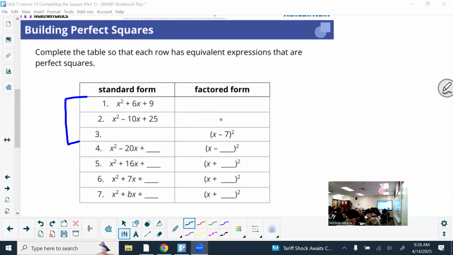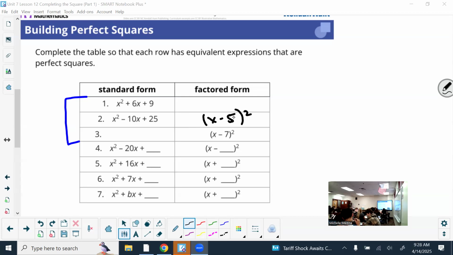Table 9, what about for the next one? What's the correct factored form? Okay, good. I'm going to write it in the condensed format and you'll see why that's helpful in the problems that we're going to be doing with this.